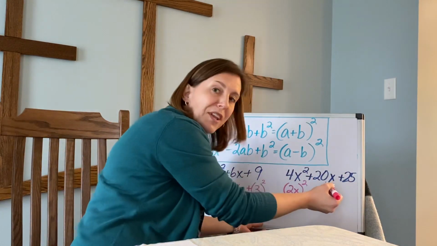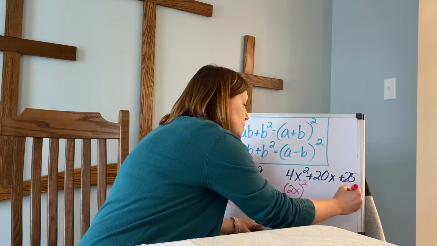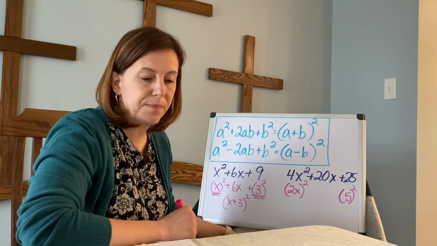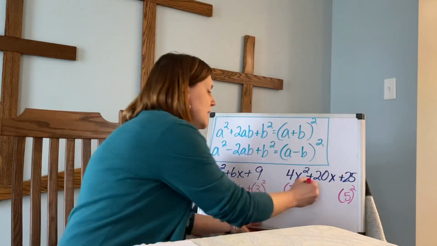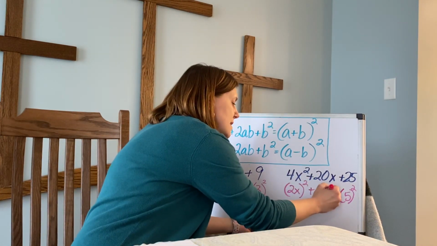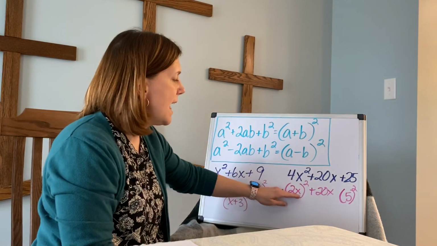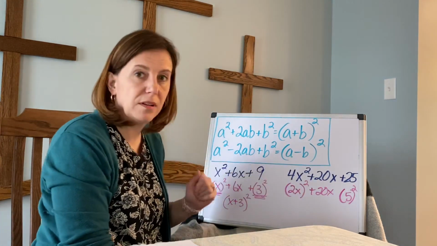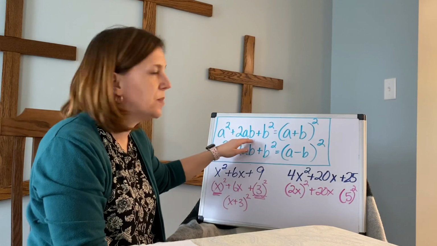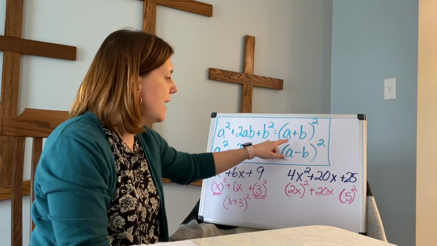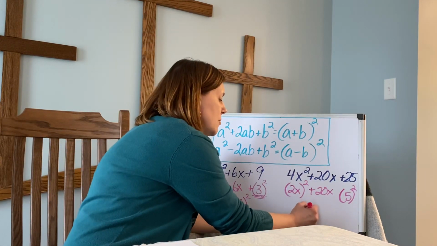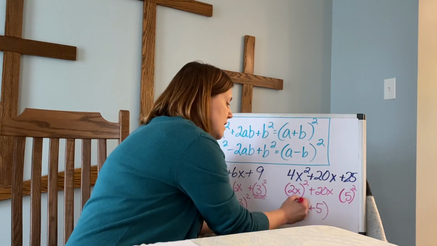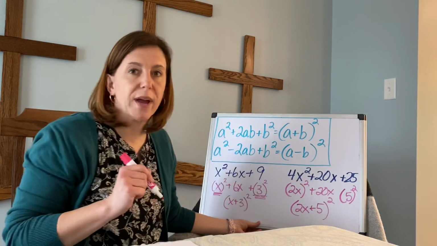This last number, 25, is a perfect square as well. And I see that as 5 squared. Noticing in the middle that this 20x is my A times my B doubled. So that means it follows this pattern perfectly. So my answer is my A, or my first term that's being squared, plus my second quantity squared.